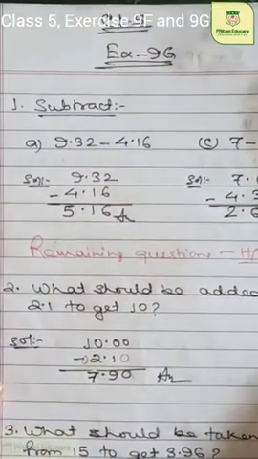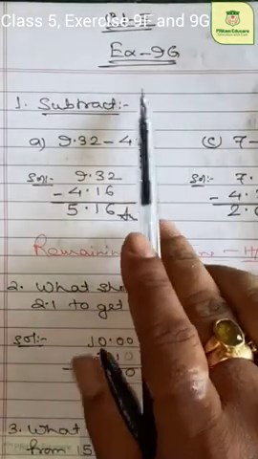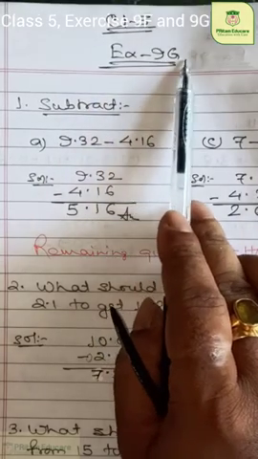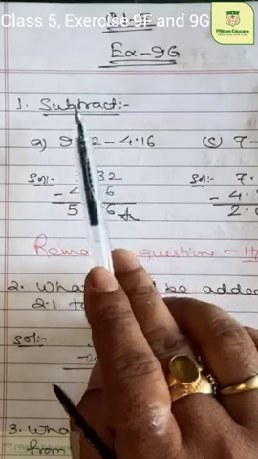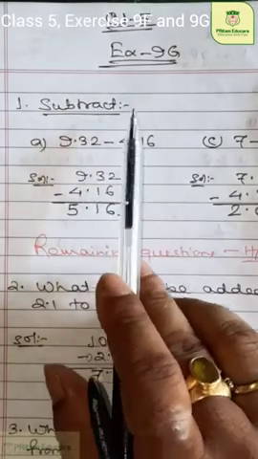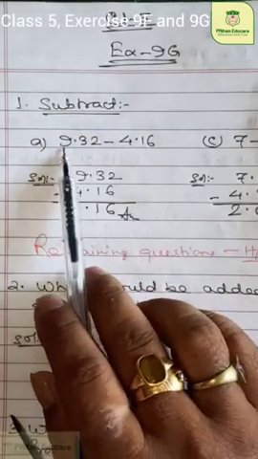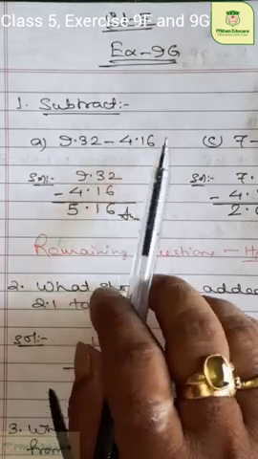Students of class 5, again I came with another exercise, that is 9G. Here it is given: subtract. The earlier exercise we have seen was addition. Here it is subtraction, subtraction of decimal numbers. 9.32 minus 4.16.